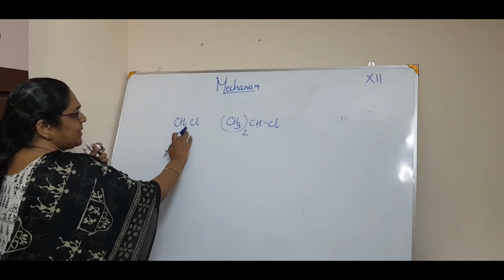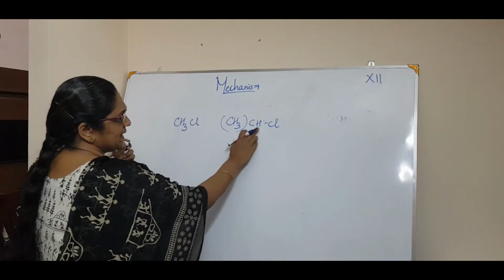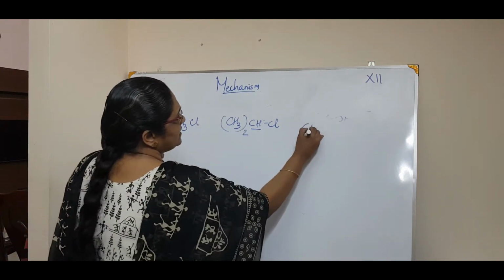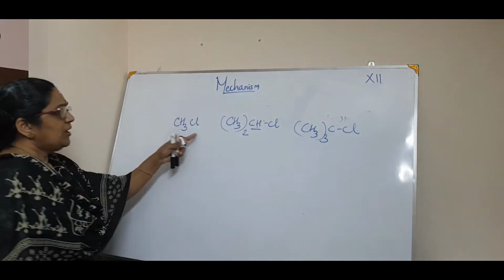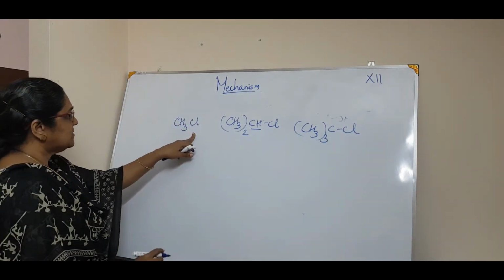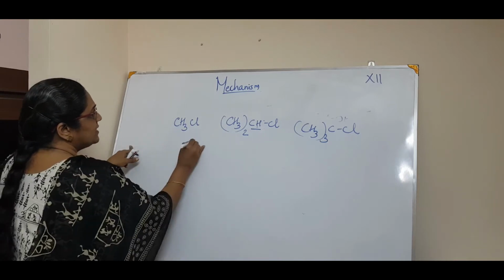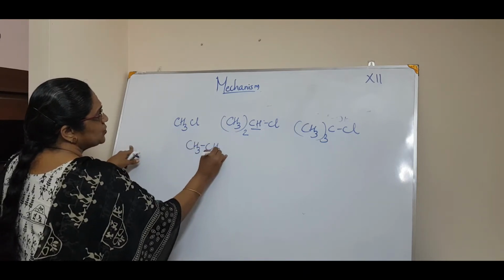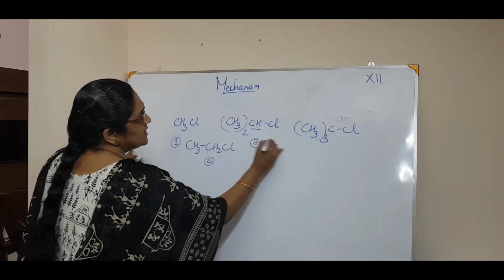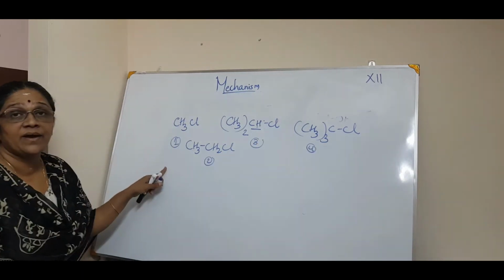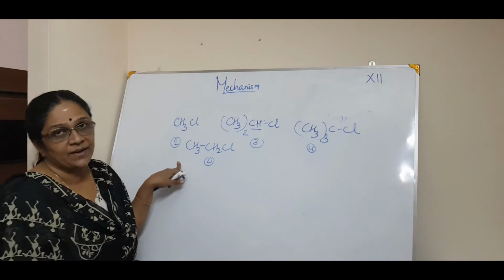Okay, so this is a primary, this is a secondary CH, and this is a tertiary (CH3)3CCl. So 4 compounds I can compare and say the reactivity.